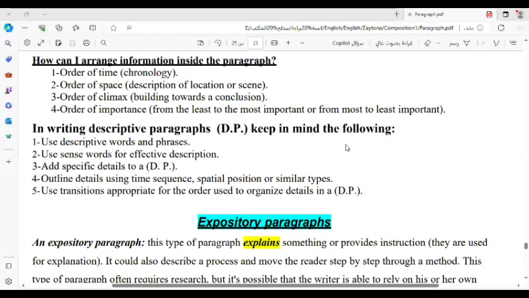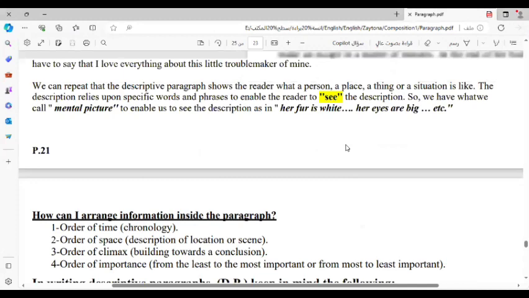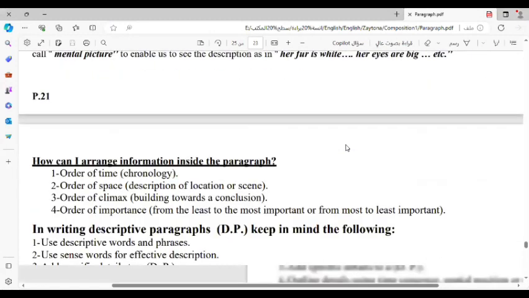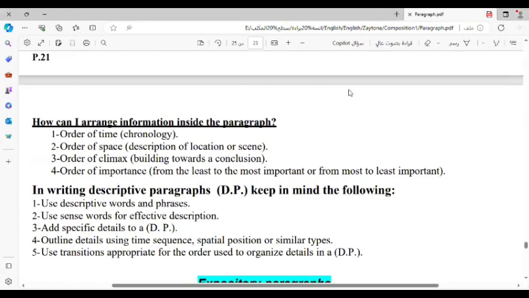So before the cutoff, we were talking about the descriptive, which is mainly to describe a person, a place, or maybe a thing. We still have one point we need to discuss before going to the next type. How can I arrange information inside the paragraph?